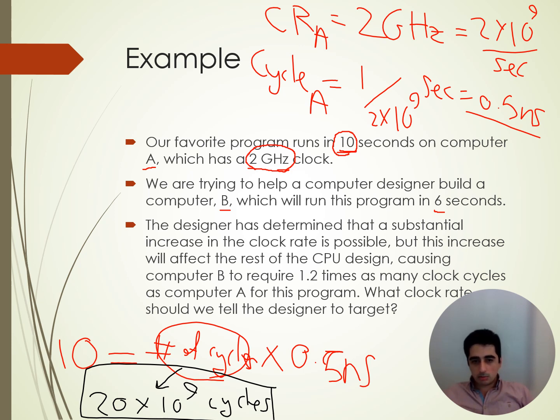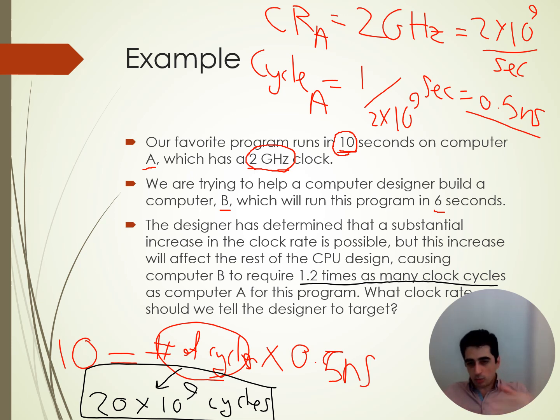Now, it says if you want to change the design and change the computer and create a computer B, then it needs 1.2 times as many clock cycles as computer A. So computer A already takes 20 billion cycles, right?